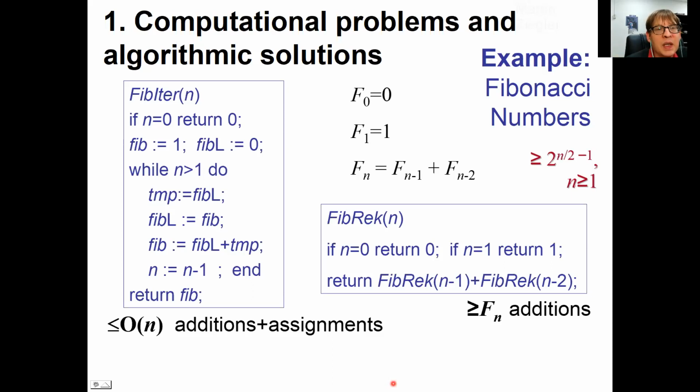Because if we choose a different set of operations, then some algorithm may or may not be feasible, be allowed. It also makes a difference if we just count the number of operations regardless of the data being processed in each operation, or if we take into account the length of the integers processed in, say, an addition.